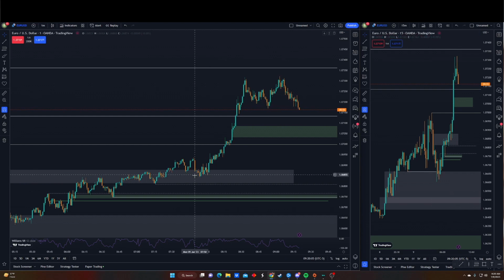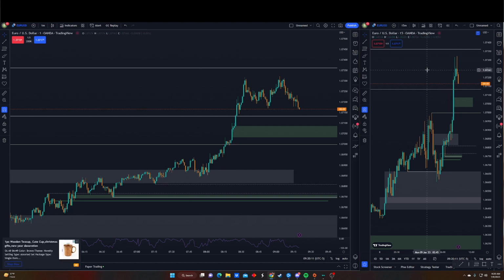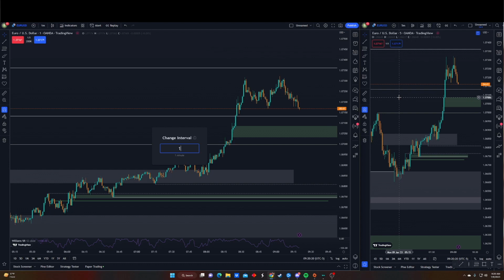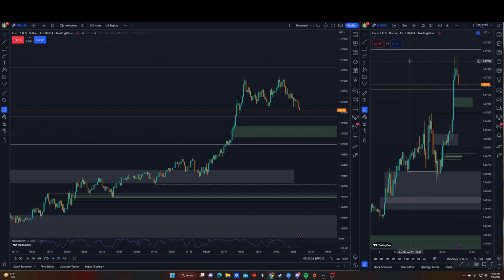It's not a setup that I'm comfortable with. It's a 5-minute. This is 15-minute. It was a 5-minute order block. I'm not comfortable taking that long. Not yet. We're getting there. Want to keep that on the 15-minute, my bellwether chart.